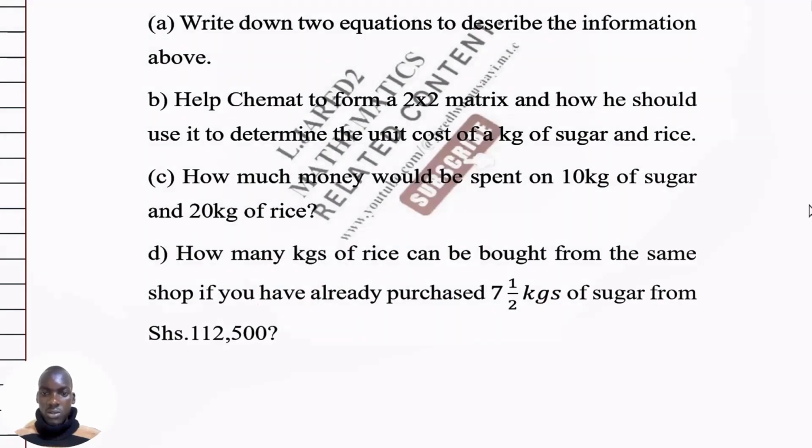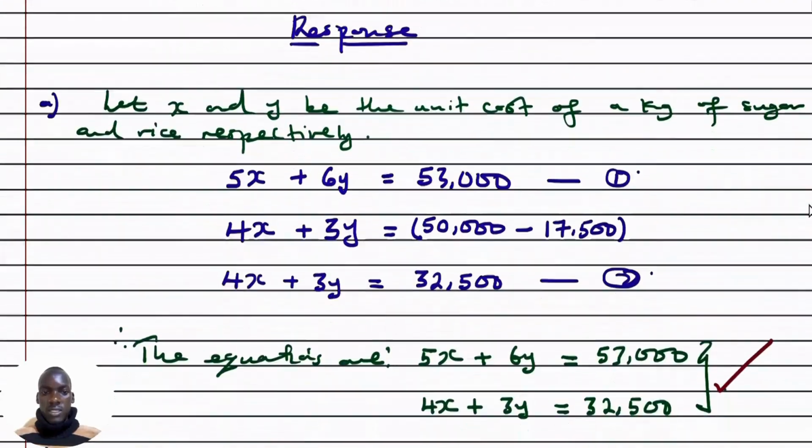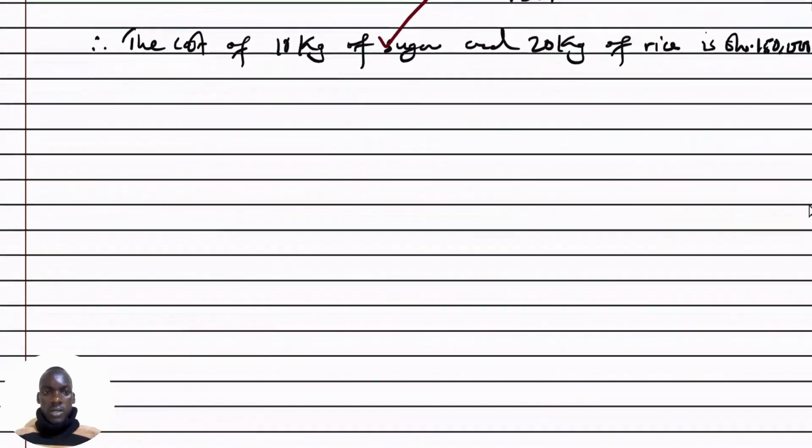So what we are going to do, we are going to first get the amount of money spent when buying these 7.5 kilograms of sugar. Thereafter, we get the difference, and the difference we shall divide by the unit cost of rice, so that we get the number of kilograms of rice that can be bought.